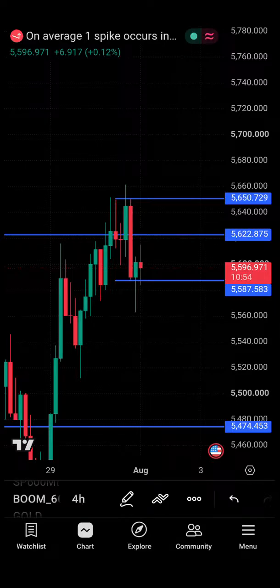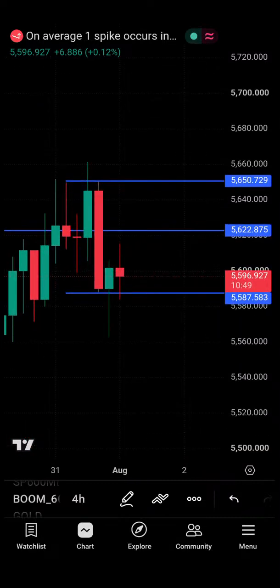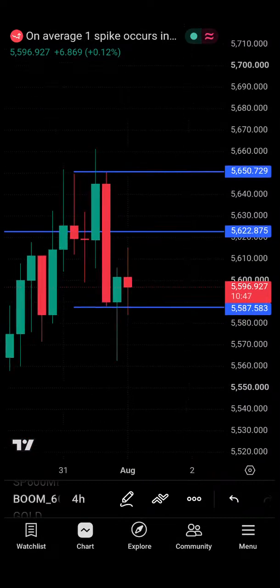If you only have 1 confirmation for a trade, let's say, like looking at this setup, and you say, we have CRT on Boom 600 on the 4 hour time frame, and that's only that you have.